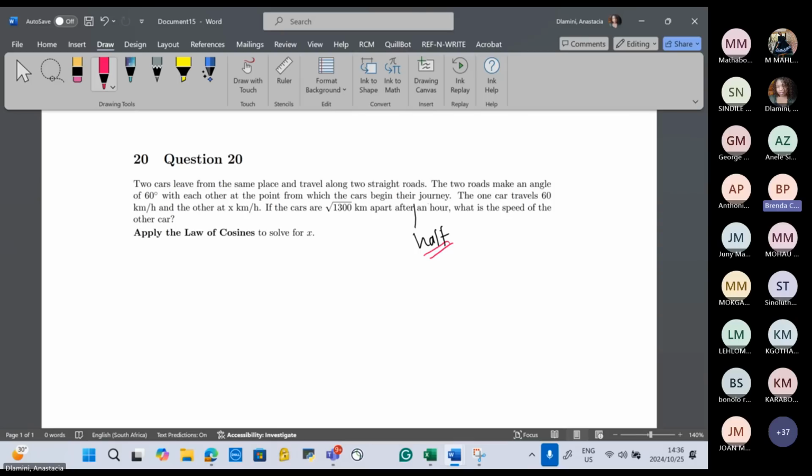So we're looking for the speed of the other car. Remember when you explain, I said you need to explain as if you're explaining to a grade 5 learner.